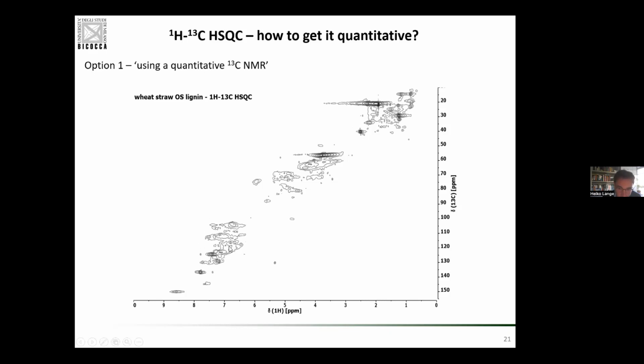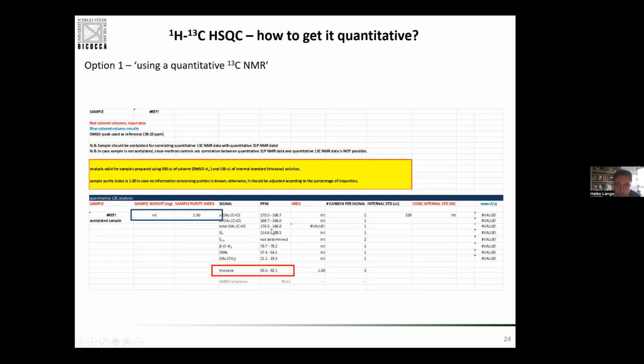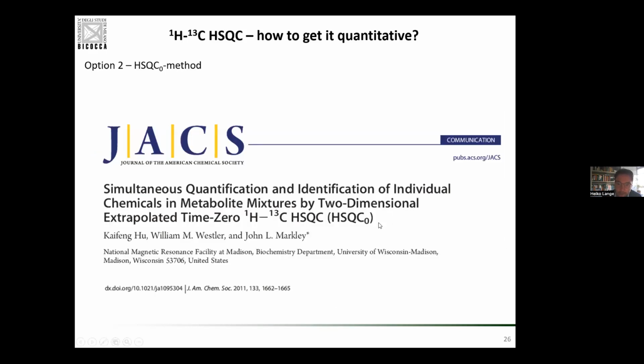So if I do that, at the end of the day, it all breaks down to playing with Excel, and I will not go into detail because obviously you normalize the first region according to the aliphatic signal that you chose as an internal standard, and the aromatic region according to the other signal. At the end of the day, as I said, quicker is the QQ-HSQC. If you do not have someone that knows the QQ-HSQC, you run the HSQC 0.